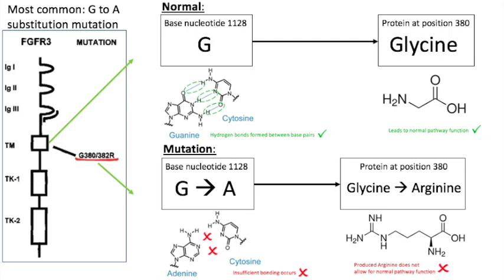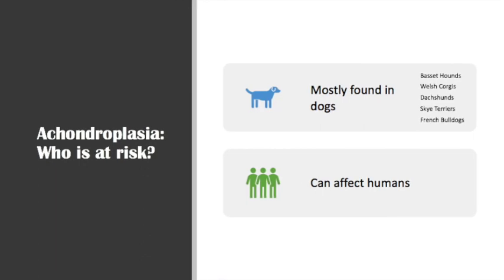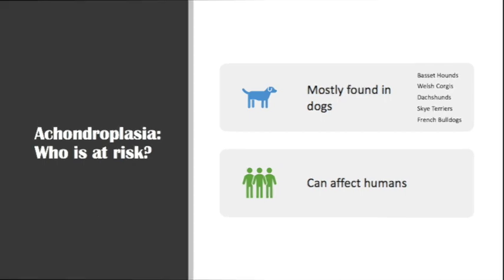This causes the mutated protein to form abnormal side chains between arginine side chains and results in unregulated signal transduction through the FGFR3 receptor, effectively inhibiting chondrocyte production, which are important in producing and maintaining cartilage. The impact of this disrupted cartilage production causes abnormally short limbs and distinct facial features. It is most common in Basset hounds, Welsh corgis, dachshunds, Skye terriers, and French bulldogs.